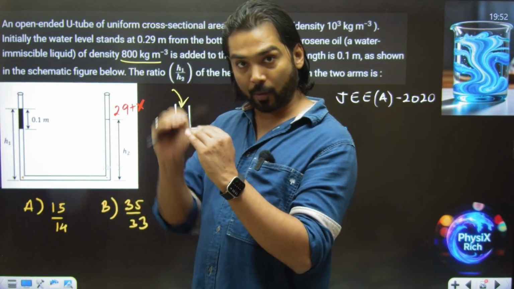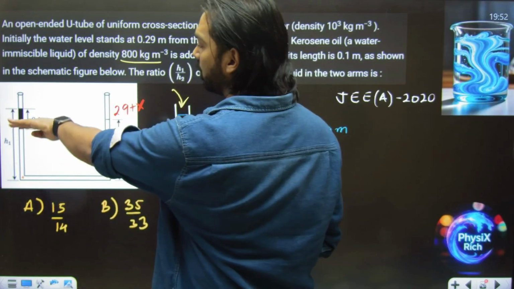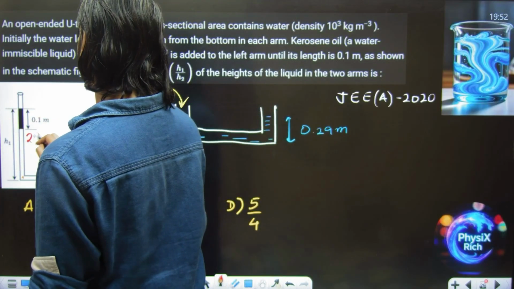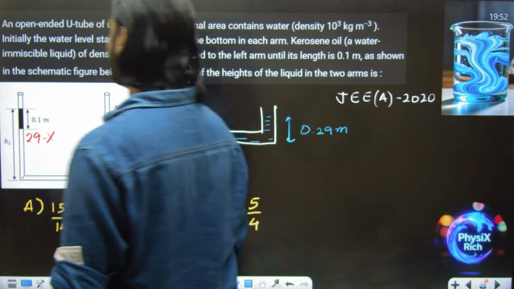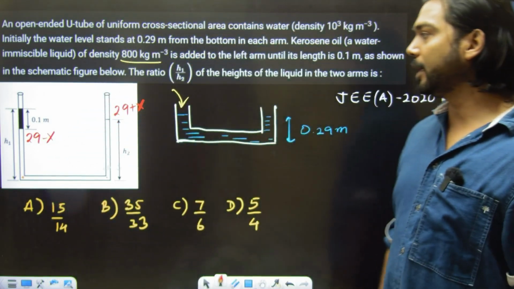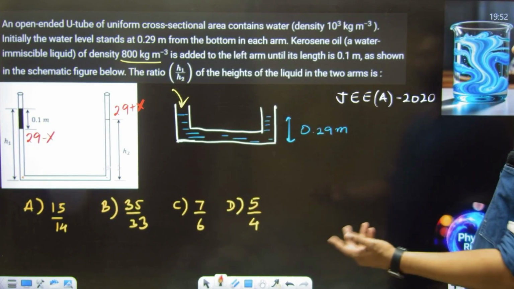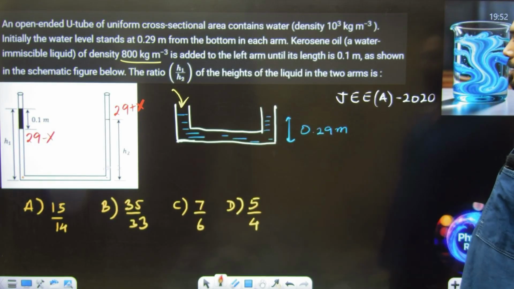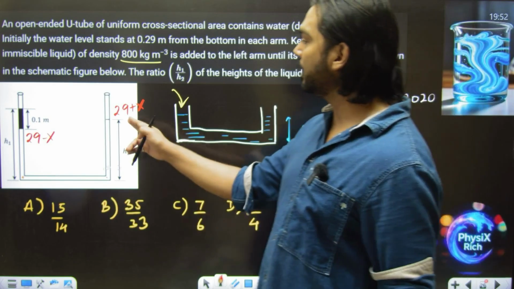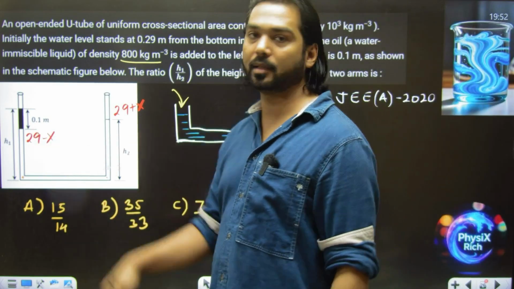We are assuming how much it has lifted up. And this side will go down and become 29 minus x, because earlier it was 29. 29 meter is just 29 centimeters. So this is 29 centimeters plus x, and this is 29 centimeters minus x.